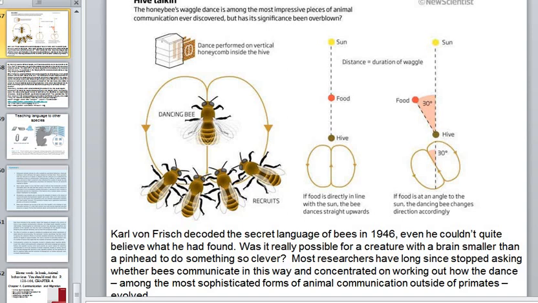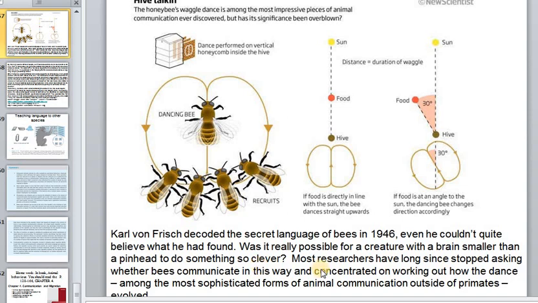And the work of Carl von Frisch is very important. Frisch deciphered the secret language, and even he couldn't quite believe what he had found. Was it really possible for a creature with a brain smaller than a pinhead to be so clever?